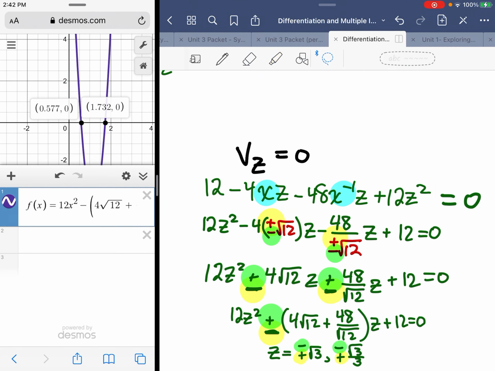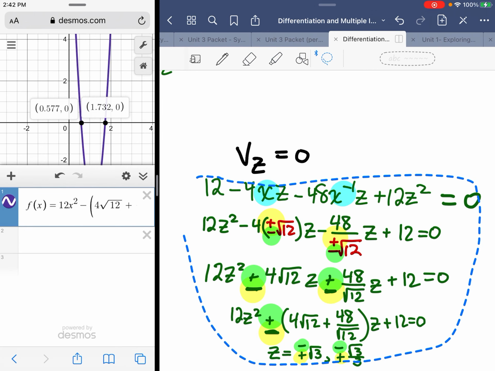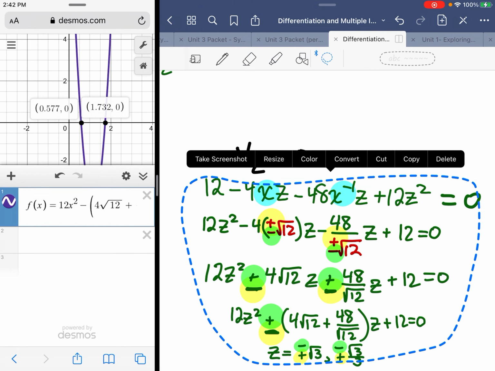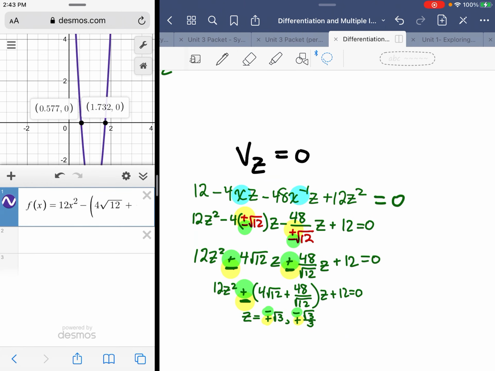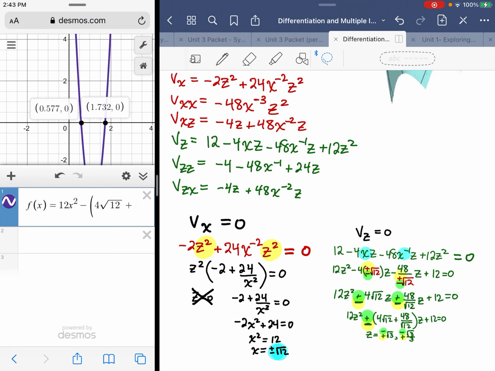So I'm looking at two possible results here. z could be equal to radical 3, or it could be equal to radical 3 over 3. It's not going to be equal to both. In order to give us the maximum volume, which seems to be what we're looking for, it's going to be equal to one or the other.